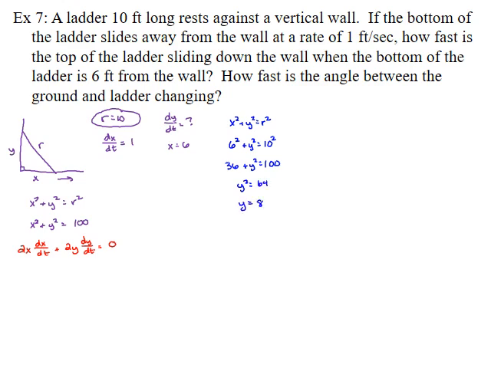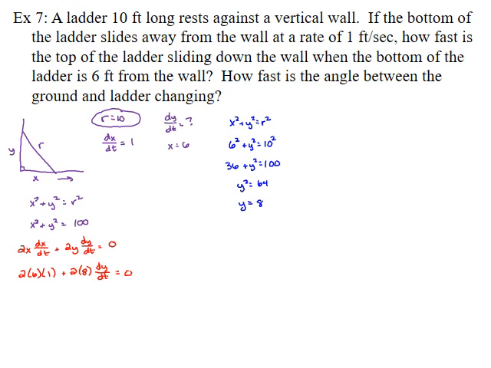So we can see that y is actually 8. Good, so we found the number we need. Go back to your red part and let's plug in what we know. This would be 2 times 6 times 1, because we know all those numbers, plus 2 times 8 times dy/dt equals 0.